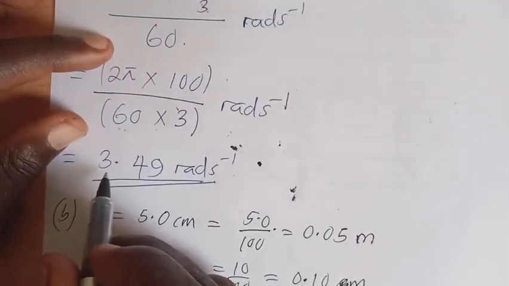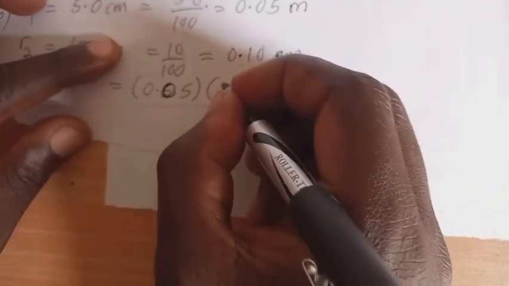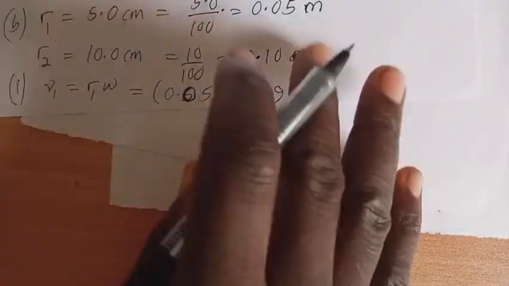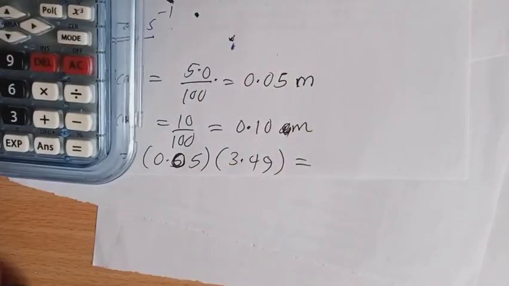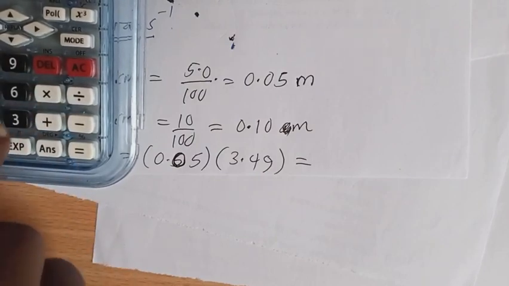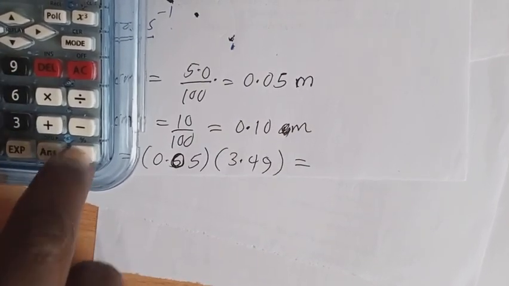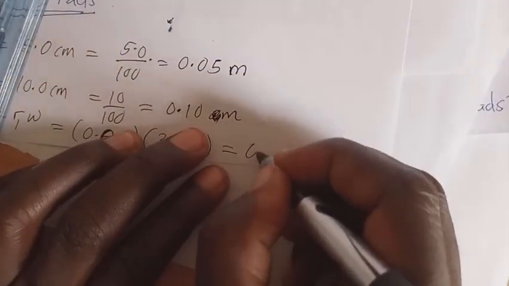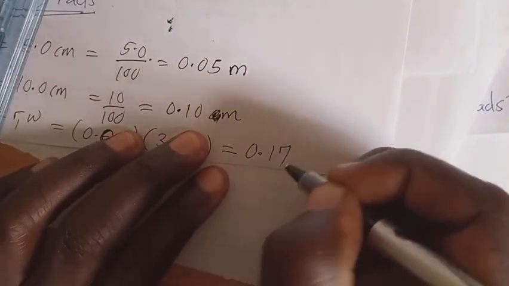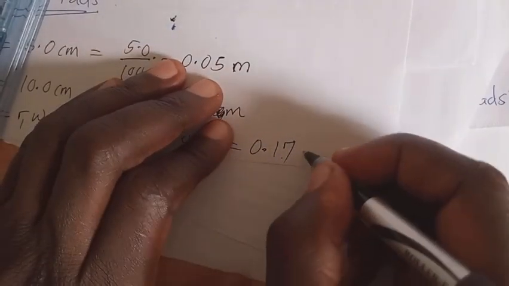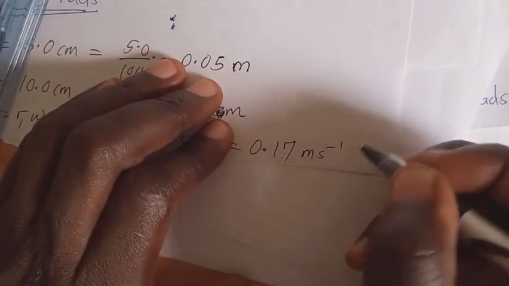We calculated omega as 3.49, so this is 3.49, and then we bring our calculator and simply say 0.05 multiplied by 3.49, and this will give us 0.17, correct to 2 decimal places, in meters per second.